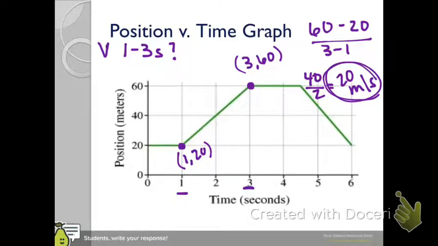Is that what you had? Change in y over change in x, or change in position over change in time? Give me a head nod if that's what you had. Yes, okay, I can't read you guys with masks. Everyone looks the same. Any questions about how we calculated that?